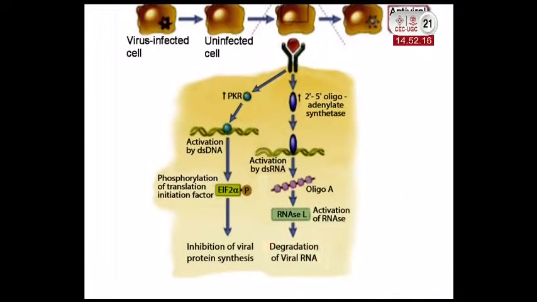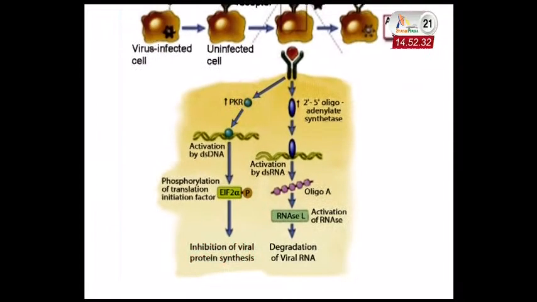Another gene product is a specific protein kinase called double-stranded RNA-dependent protein kinase, or PKR, which inactivates protein synthesis and thus blocks viral replication in infected cells.